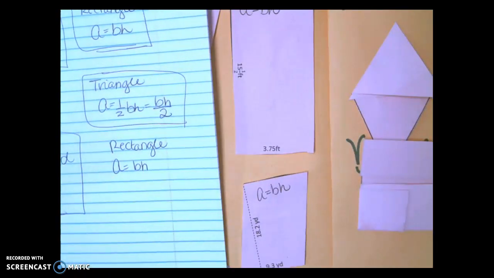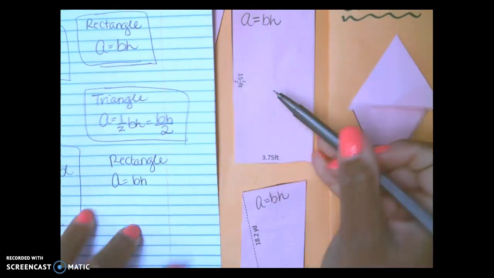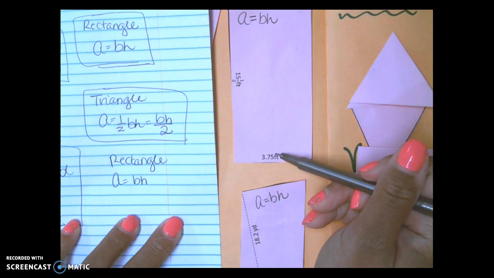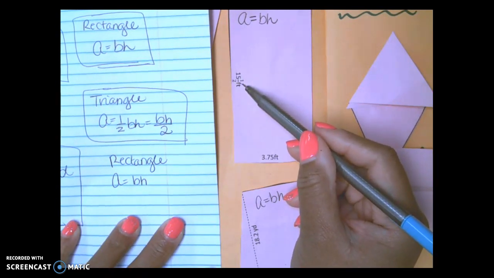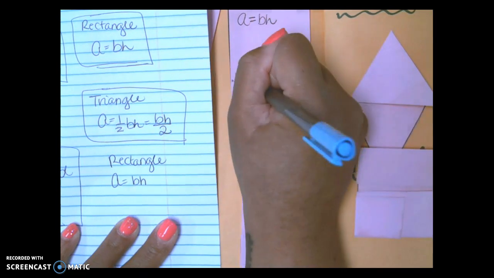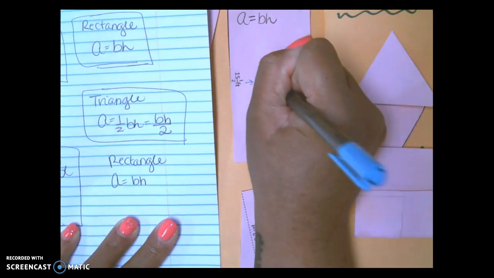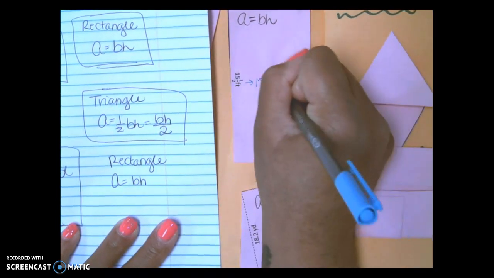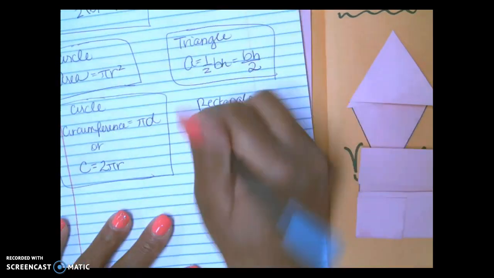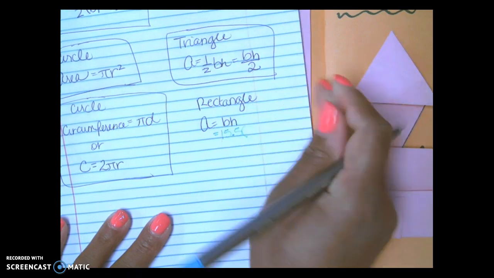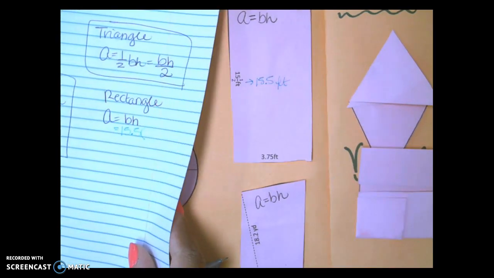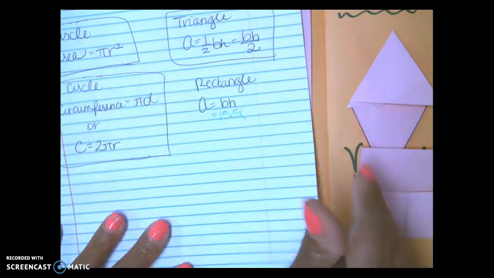Okay, for finding the area of my rectangle, I need to multiply the length times the width. 15.5, convert feet. So my area equals 15.5 times 3.75.